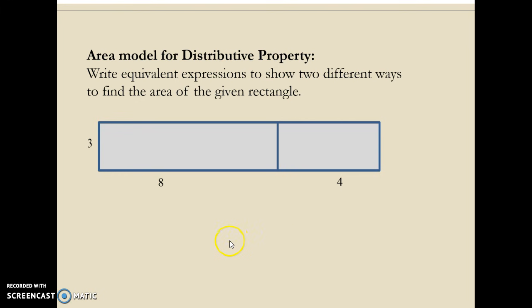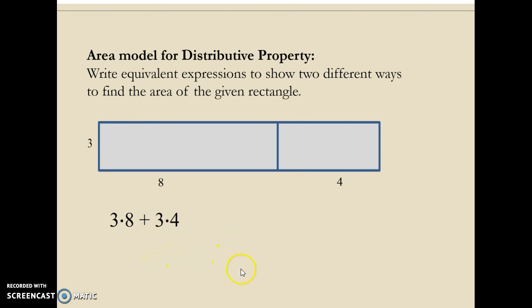We can first look at each rectangle separately. I can find the area of this rectangle, which is 3 times 8, and then the area of this rectangle, which is 3 times 4. Here we are, 3 times 8 plus 3 times 4. We would then find this is 24 plus 12, which gives us 36 square units.